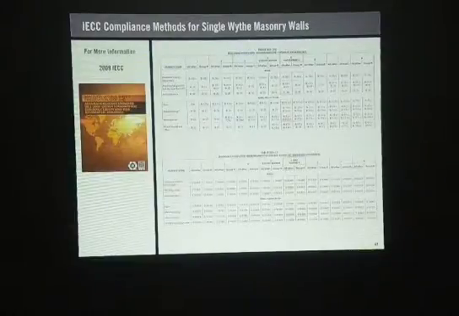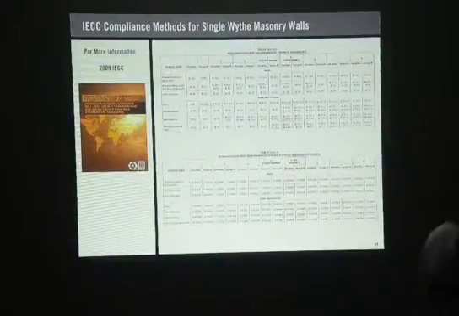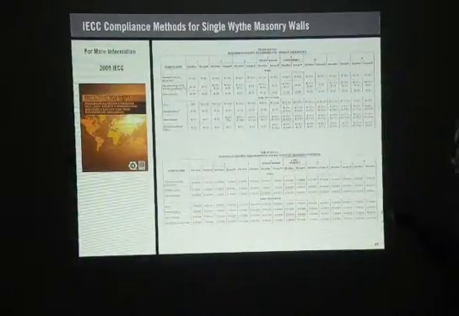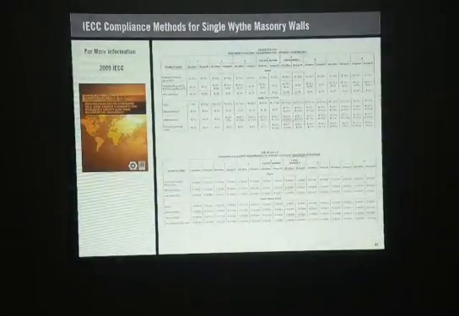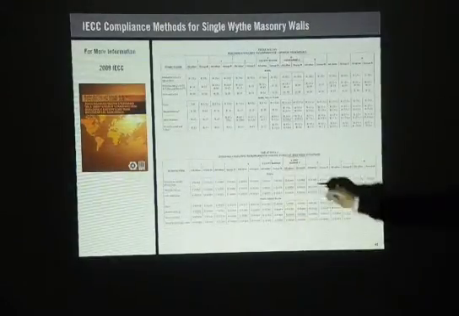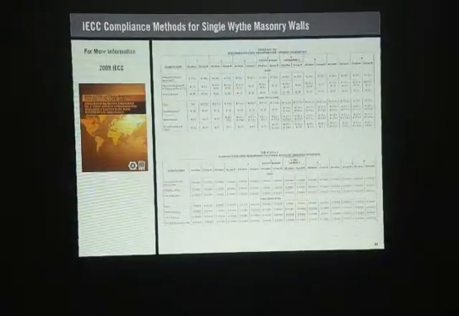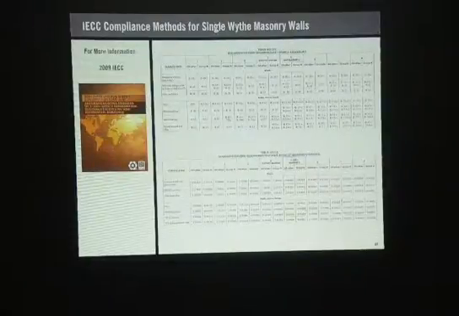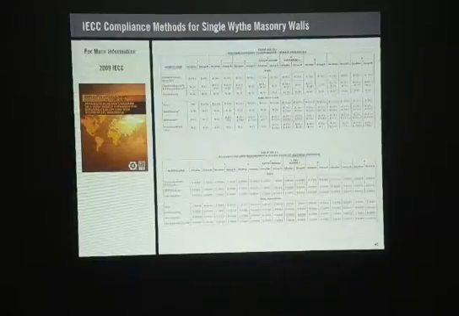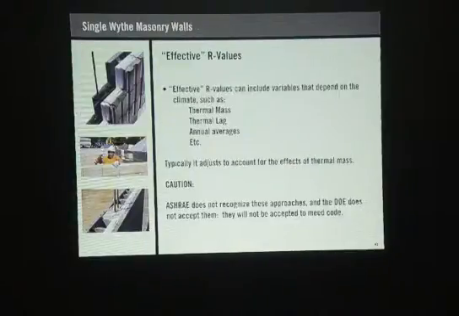For block, it's R2, if an R factor were applicable. U factors are kind of inverse, which means they're going to be lower. It's actually 1.45 for the U factor of that R2. So they are inverse of each other. And again, U is the way to go.